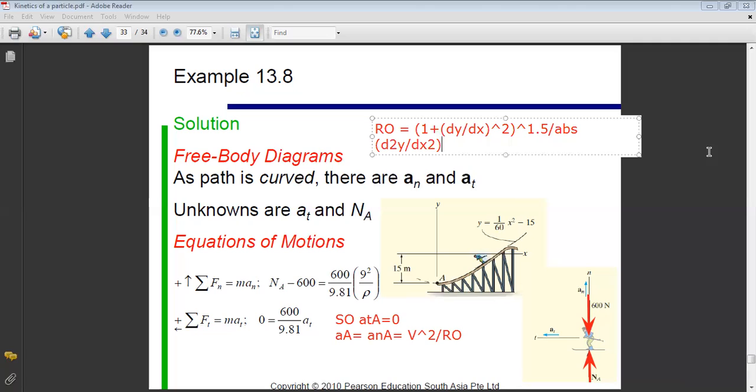If we apply this formula in this problem, we need rho at point A.